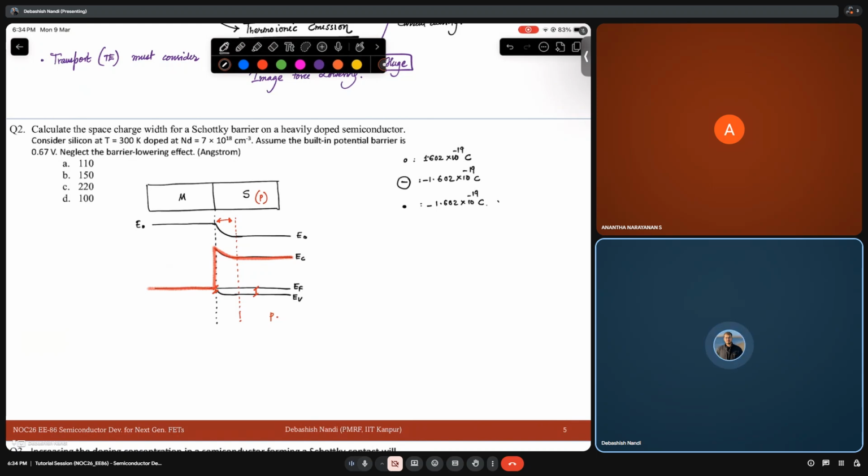So this is smallest size wise. This is also very small, and this is huge.